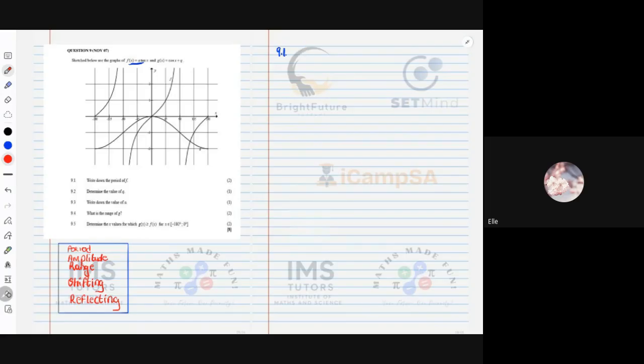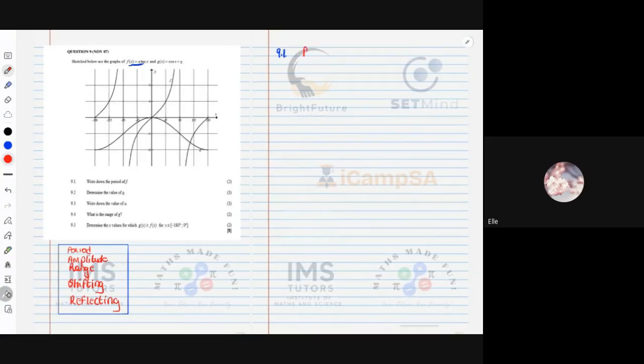I've told you multiple times that it doesn't change. 90% of the time you're just gonna have this same thing. Period is equal to 180 degrees. It takes 180 degrees for the tangent function to repeat itself. That's your period, 180 degrees. For the sine and cosine function, the period is 360 degrees.